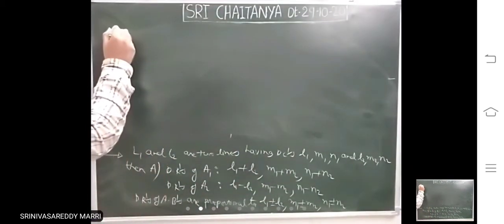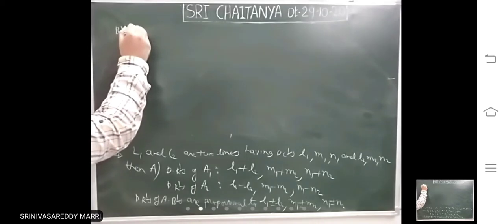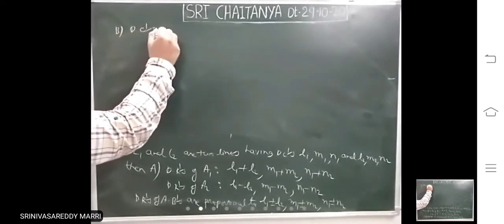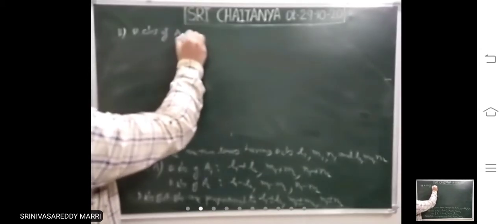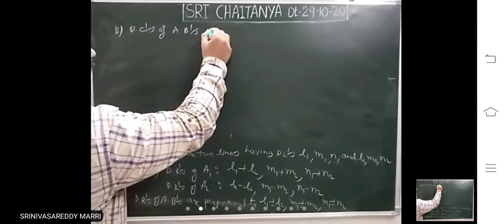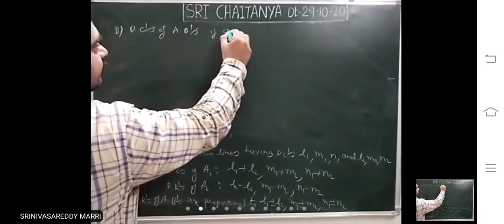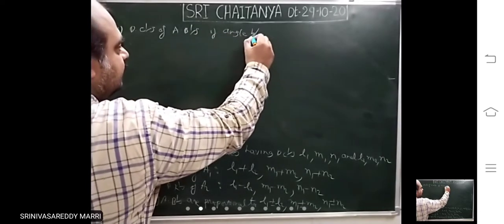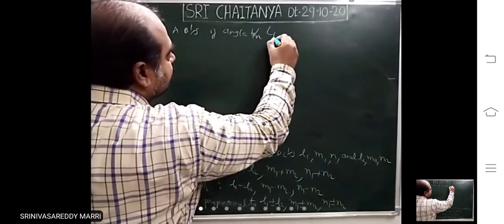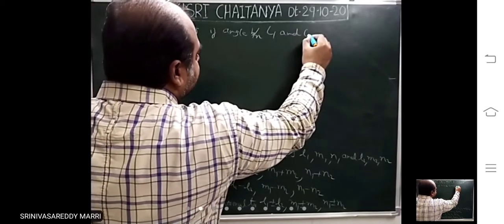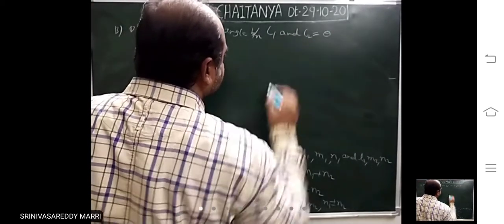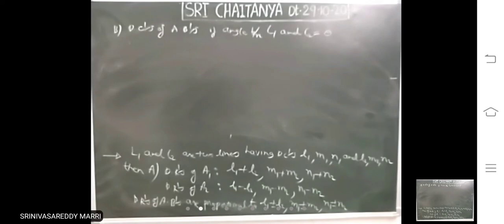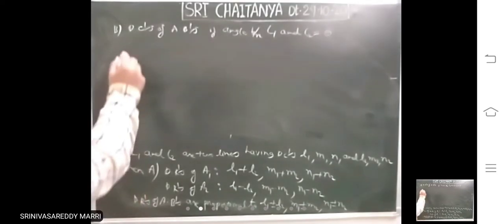Next, second formula: DCs of angular bisectors, if the angle between L1 and L2 is theta.